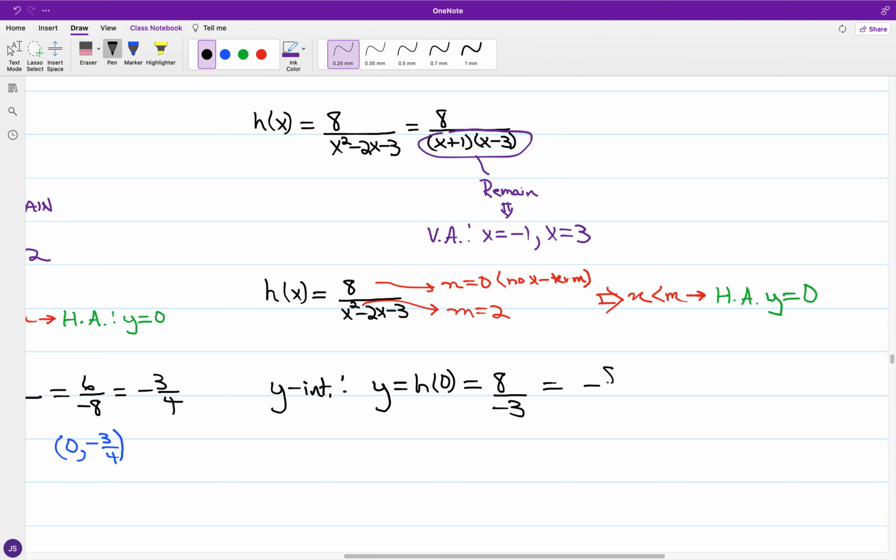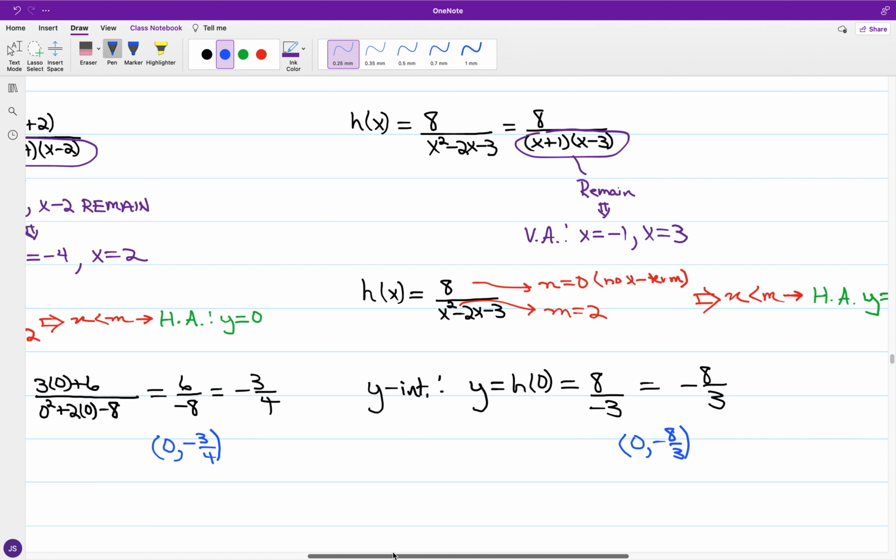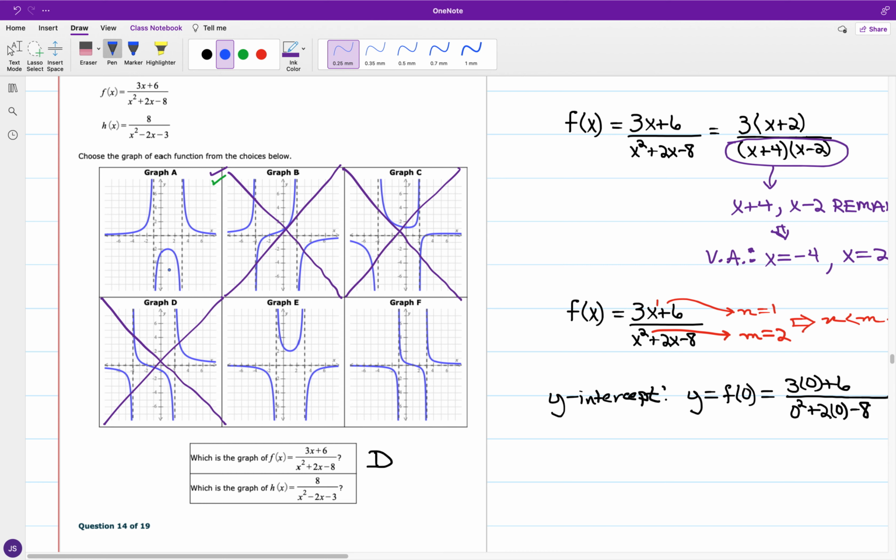And in ordered pair terms, we'll have (0, -8/3). So you're looking at the y-intercept to be a point that is almost at (0, -3), below the x-axis. And for the first graph, it's like you go -1, -2, almost -3. So far that looks good.